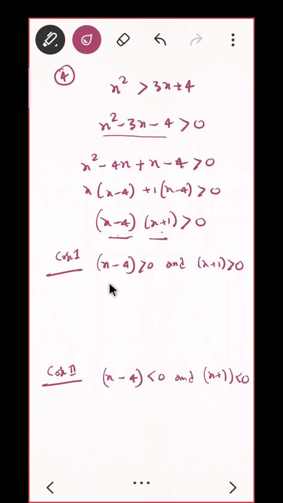What about this? This is saying x is greater than 4 and x is greater than minus 1. Whenever you have something like that, let us draw. So where is minus 1 and where is 4? What is this saying? Go here. Perfect. Do you agree?